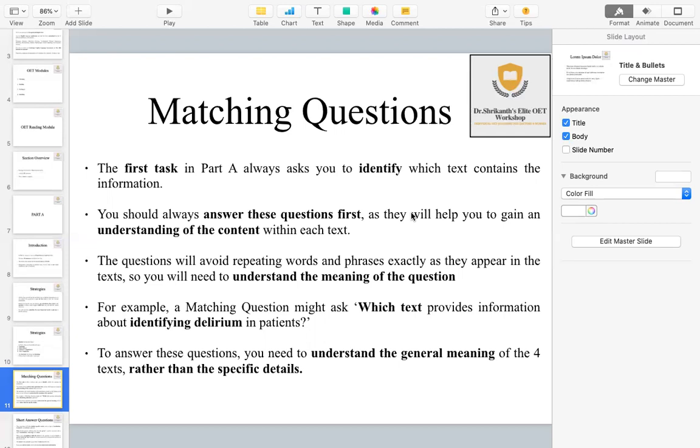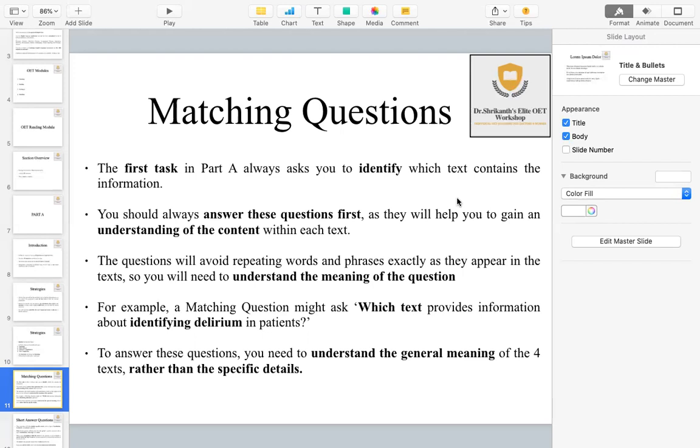So if the specific information of the question is in text B, you will have to highlight in your question paper that it is in text B of the question paper booklet. You have to identify and locate where exactly the information is. That is known as matching. You have to match the information in the question to the information in the paragraph.